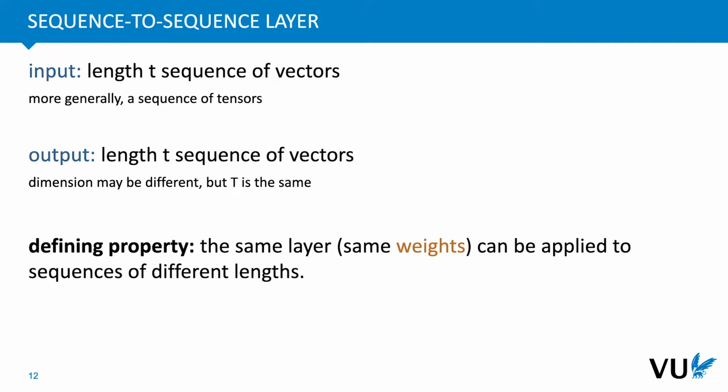The input and output dimensions may be different, but the length of the sequence is the same in both cases. We can generalize this from vectors to tensors if we want to, but practically for this lecture, we will stick to vectors. And again, the defining property of a sequence-to-sequence layer is that the same layer with the same weights can be applied to sequences of different lengths. So let's look at an example to see what that means.